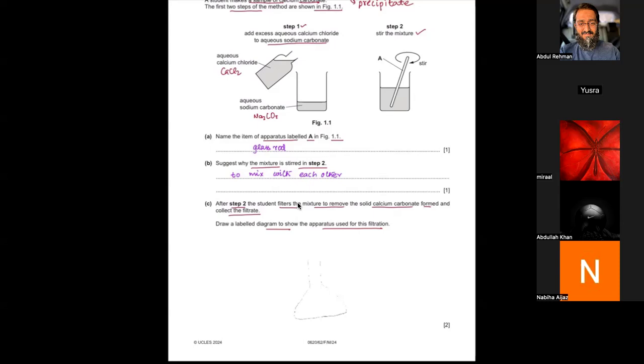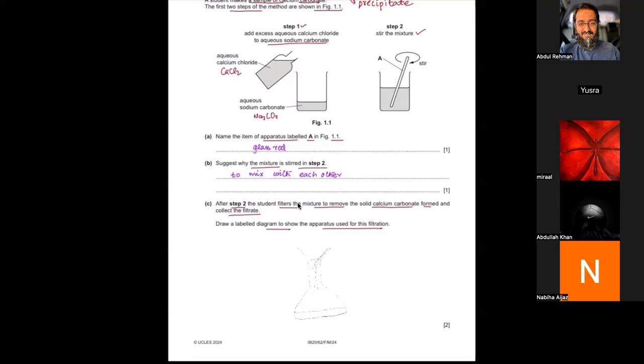On the opening of the conical flask, you are going to put a funnel like this. And in the funnel you can show the filter paper, and over here you are going to have the solid, and here you will get the filtrate. Sorry, my bad, on the top it's not filtrate, it's a residue.